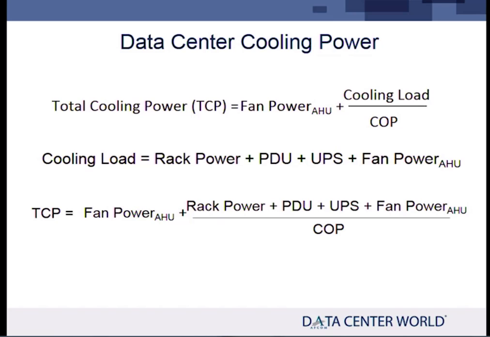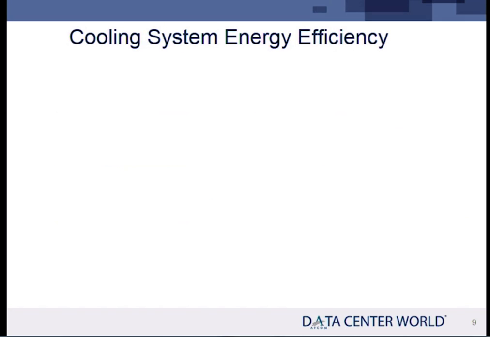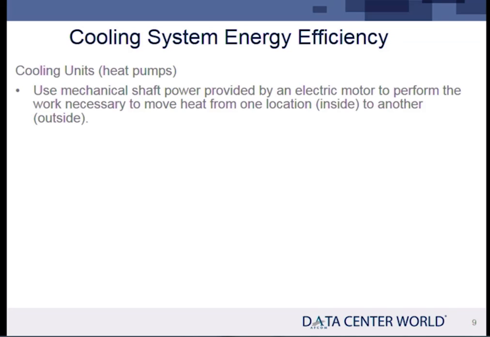Now in the TC 90.4 spec, they add a few other things in here as well. They're adding in, of course, any cooling tower fans. They're including pumps. So all things related to cooling go into that calculation. So cooling system efficiency is really shaft power.